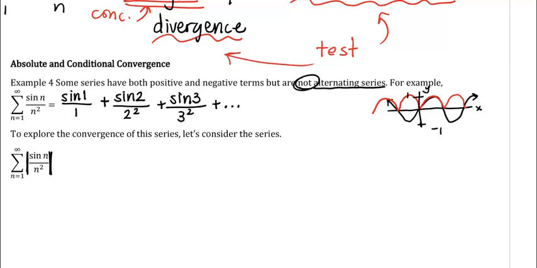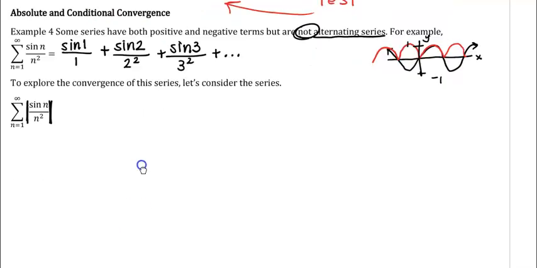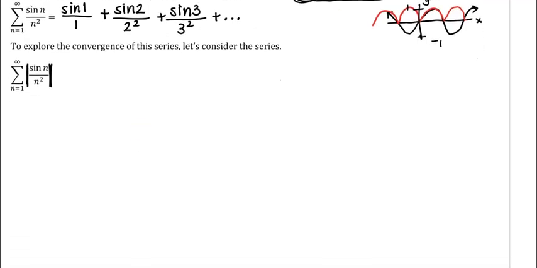So let's figure out whether or not this series converges or diverges. I'm going to use the direct comparison test because I know that the absolute value of sine n is going to be less than or equal to 1, because the sine function does not get greater than 1.